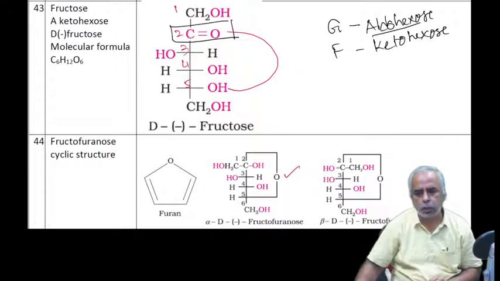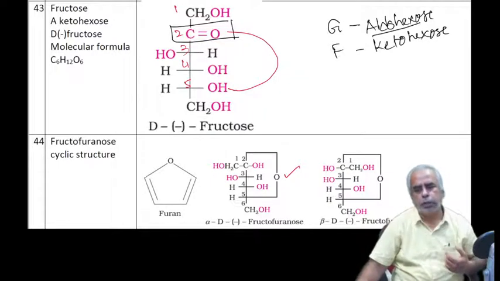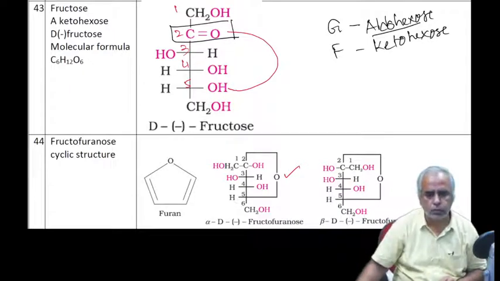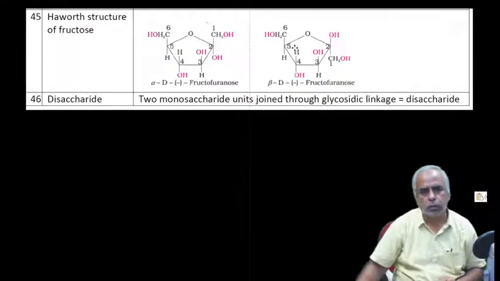Similarly, we can draw the Haworth structure for fructose. So it is based on furan, a furan-like carbohydrate.